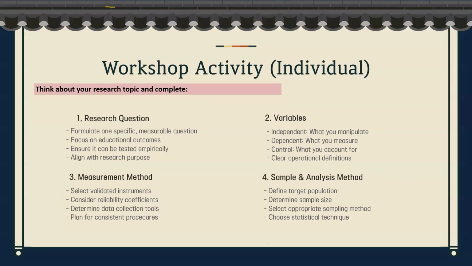Now, this is a workshop activity. Let's do a quick individual activity. Think about your research topic and write down these four things. One, a specific research question.